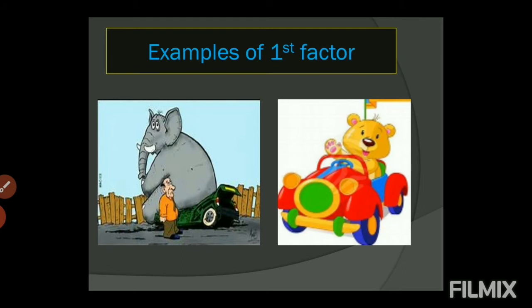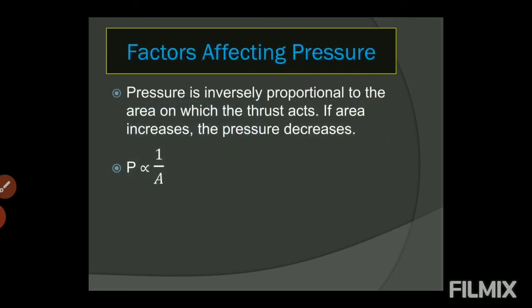But when the elephant tried to come on the car and drive it, you can see the condition of the car. Yes, because the mass of the elephant is more, so the thrust applied by the elephant is more, and as the thrust is more, the pressure is more. So I suppose you could understand the first factor.